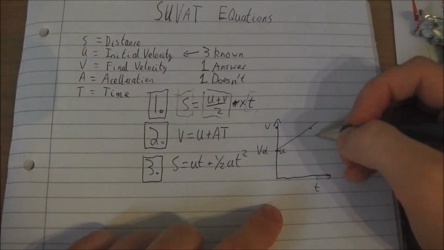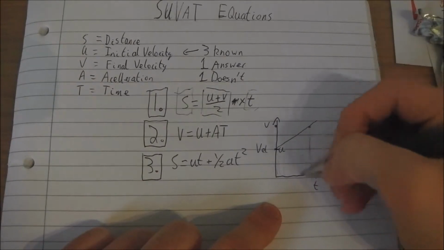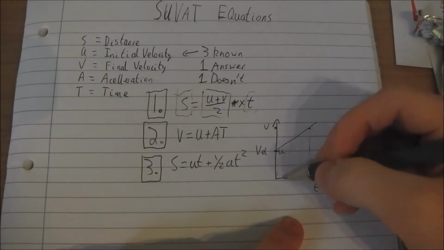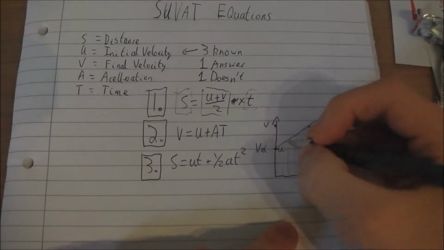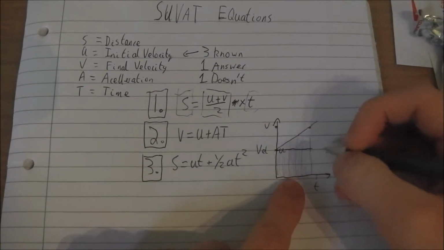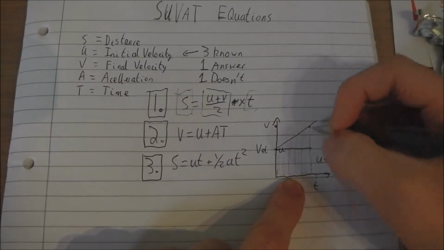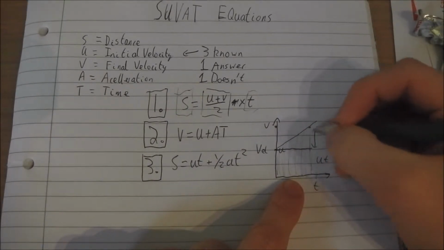To calculate the distance that it's gone, you need to know the area under this graph. To do that, we can split this up into two parts. The bottom part is very simple, that's U times T. But for the top part, first we need to know the height.